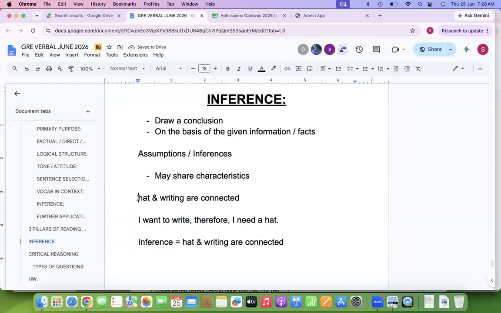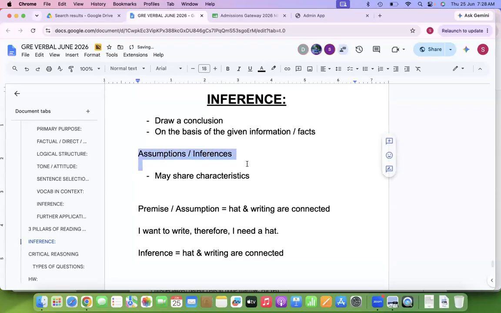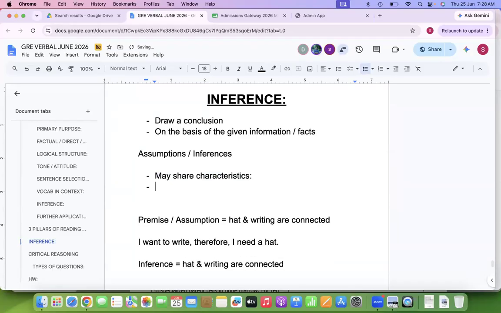Therefore, what is this? This can be a premise of the author. This is the assumption of the author. Which is why I said assumptions and inferences may share characteristics. What are those characteristics that they may share? Drawing a conclusion in both.